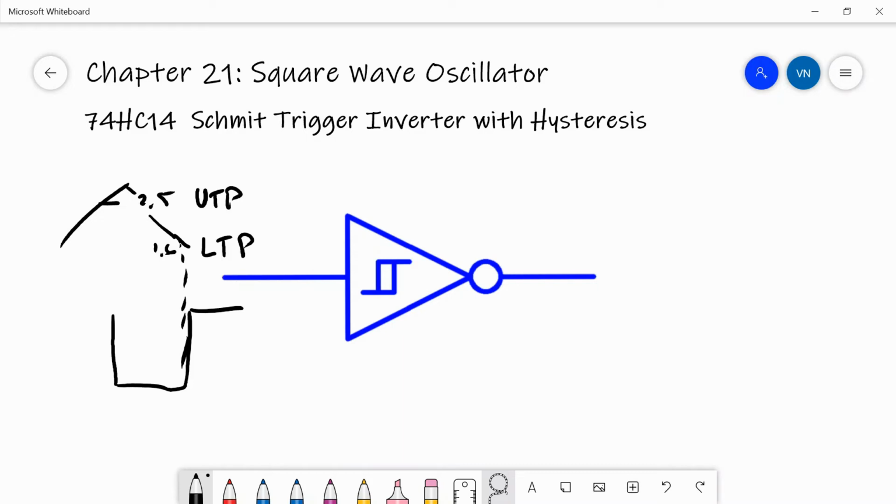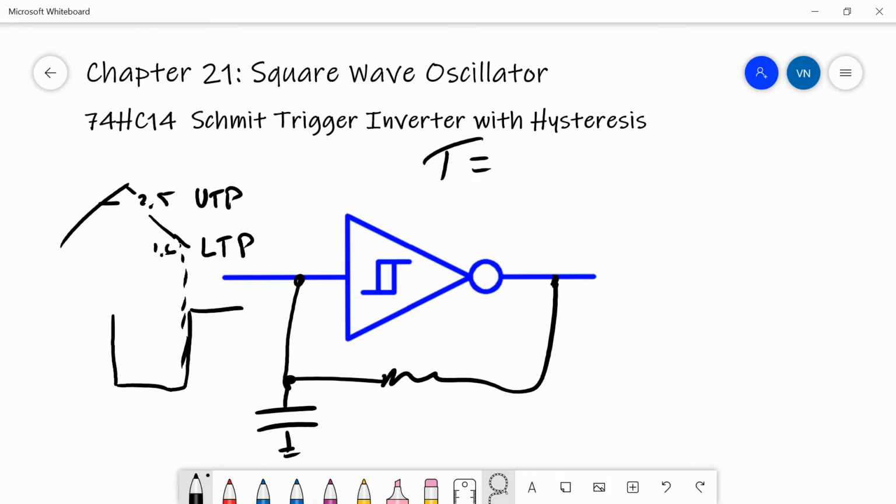And if we tied an RC network from the output back to the input, we could figure out how long it took for it to go from the upper trip point to the lower trip point. The period for one cycle would be 2 RC ln, and the ln would be the ratio of the two voltages.